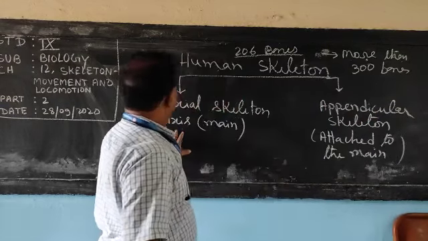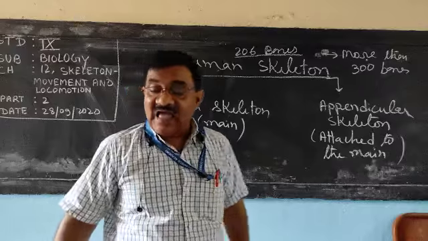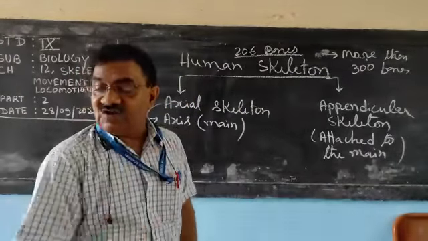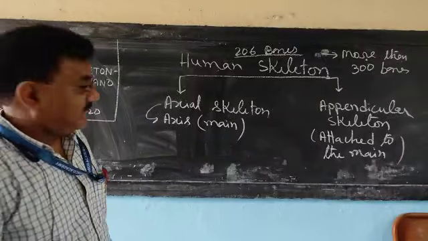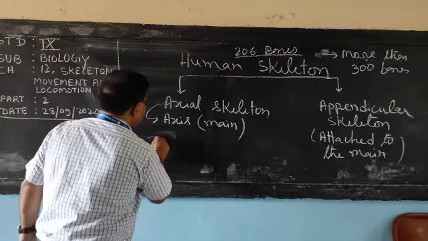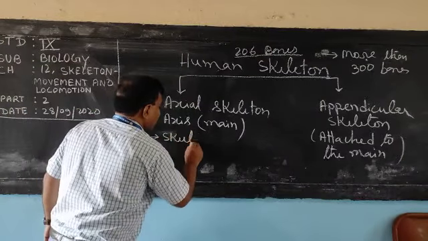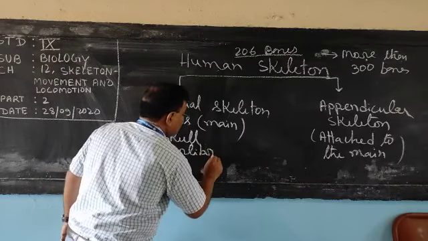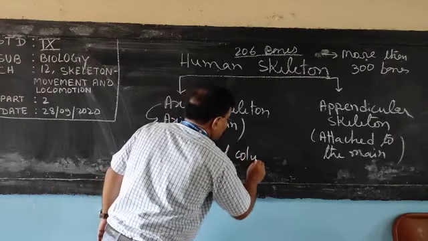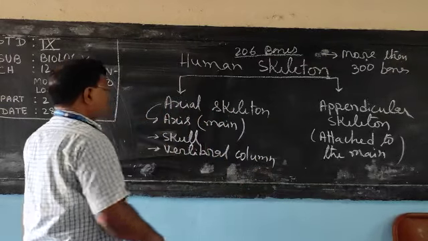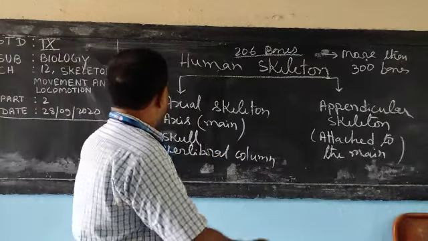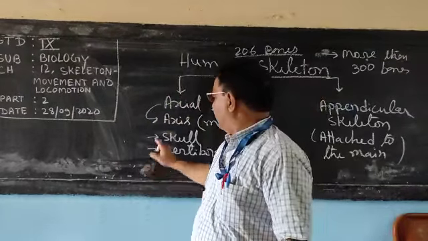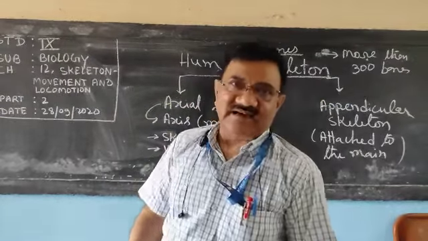And what is in the main? The skull and the vertebral column. We will discuss these two in detail, so let us start our discussion with the skull.